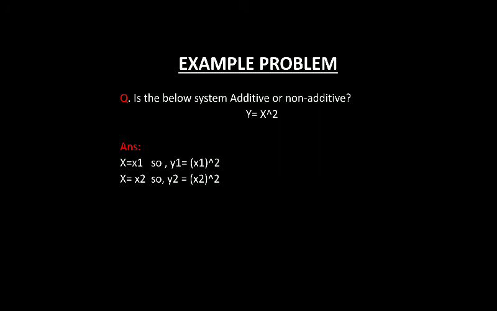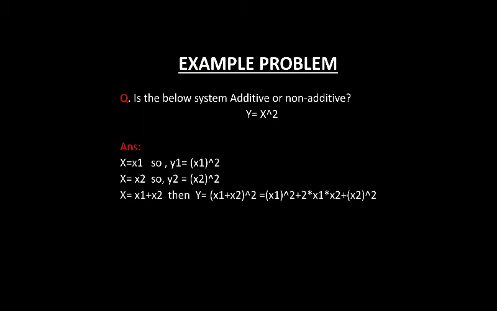For example, here we have a system y equals x square. Is the system additive or non-additive? Let's find out. Suppose the value of x is x1, so y1 is equal to x1 square. Now suppose another value of x is x2, so y2 is x2 square.